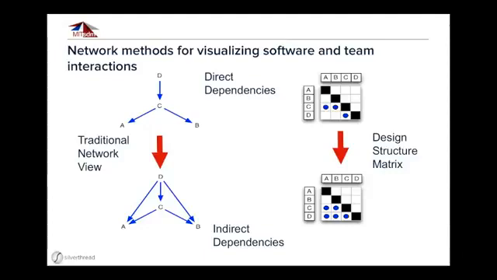Now, over on the right, we have a matrix view of a network. Some people call this a design structure matrix. It's an alternative way of viewing a network. It's good for some things. It's bad for others, but for some purposes it's very good at looking at architectural properties, and we'll get to that later. But the way to read this is that every dot in that matrix represents a link instead of a node now.